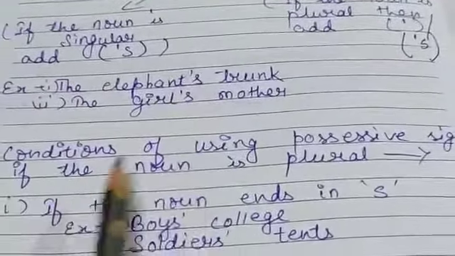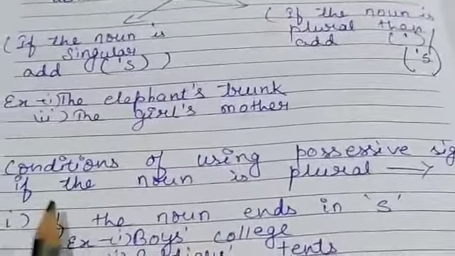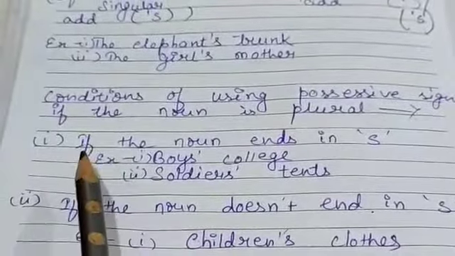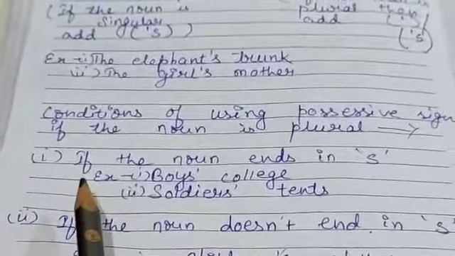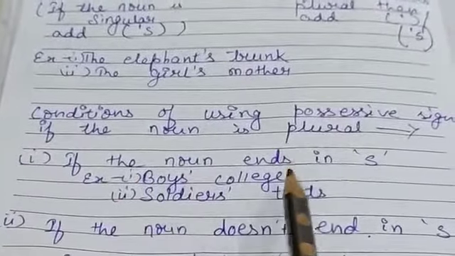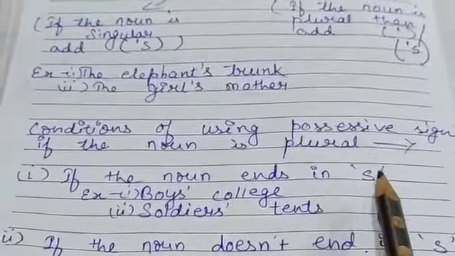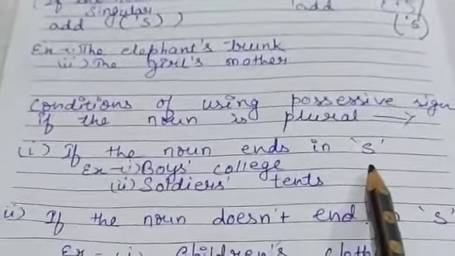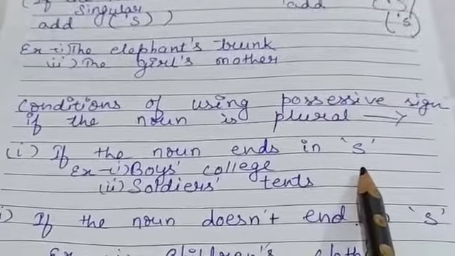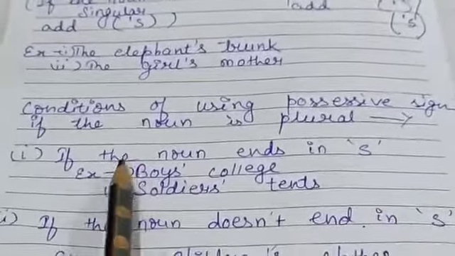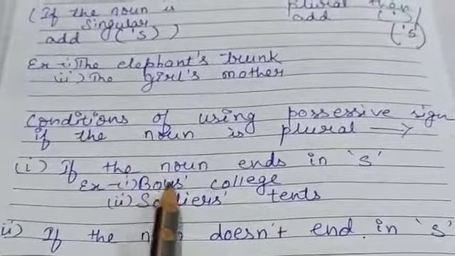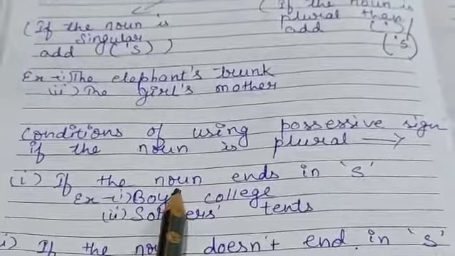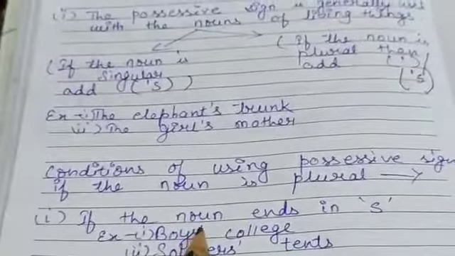Now, conditions of using the possessive sign if the noun is plural. See students, now we have two conditions here. If the noun ends in S, for example, girl, girls, boy, boys, soldier, soldiers, for the nouns ending with S we will use only apostrophe.